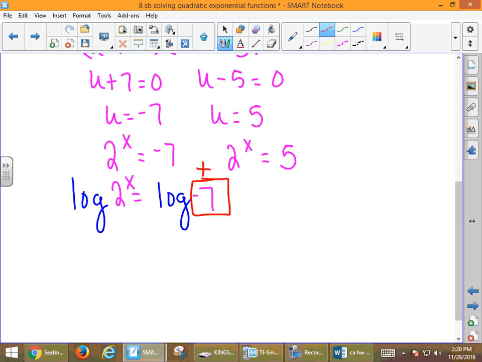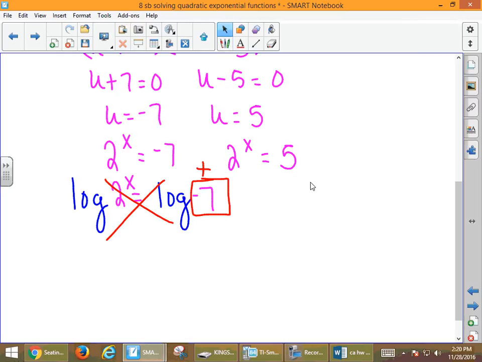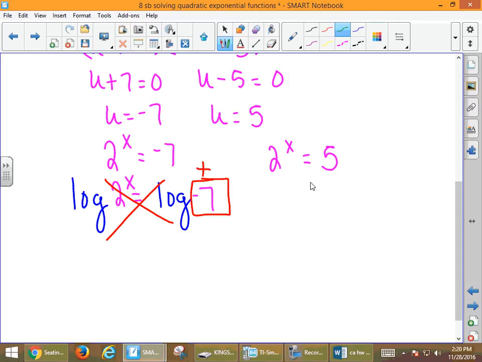And because it is negative, we cannot work that problem out at all. So we don't need this part of the problem. We only need this 2 to the x equals 5, which I'm going to scoot over a little bit more. Our 2 to the x equals 5.